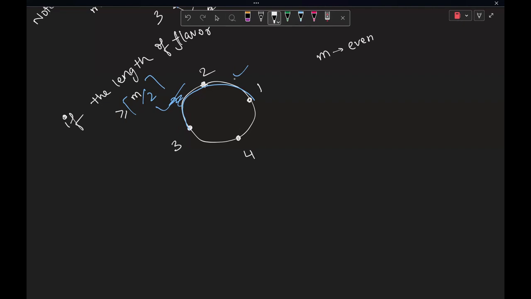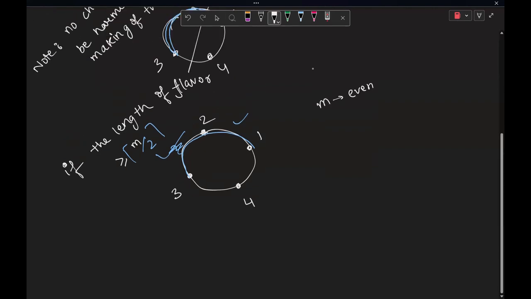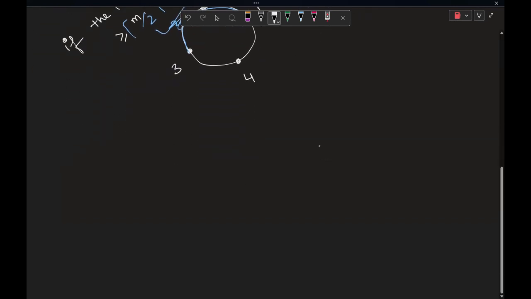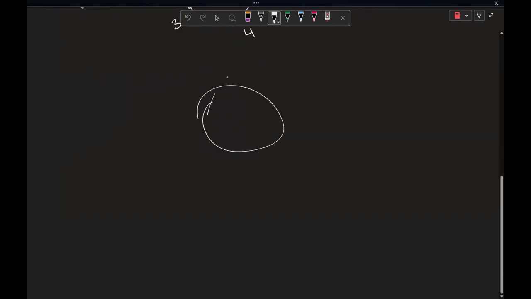This is something really intuitive, like kind of common sense. So I can just count the number of such flavors. I created a variable with name over equal to 0, and I incremented it whenever I saw this kind of a flavor.